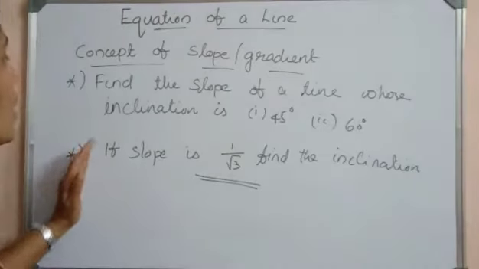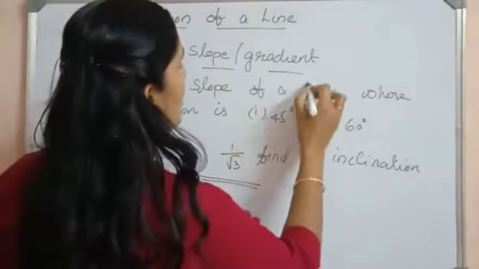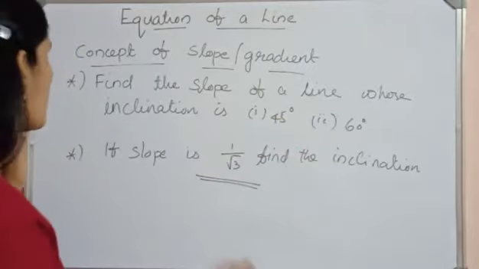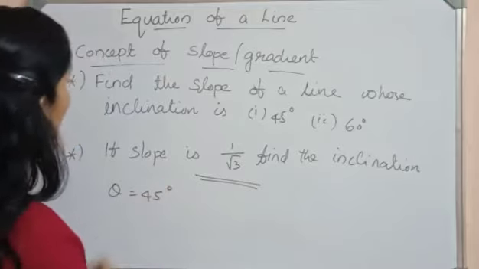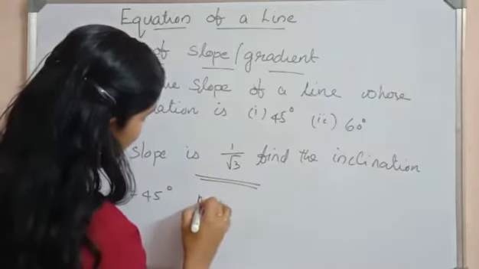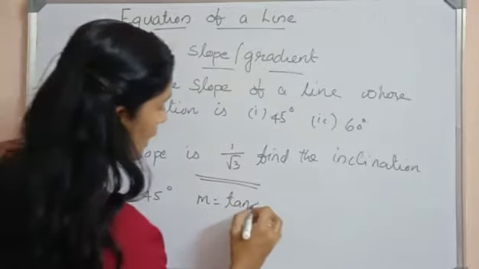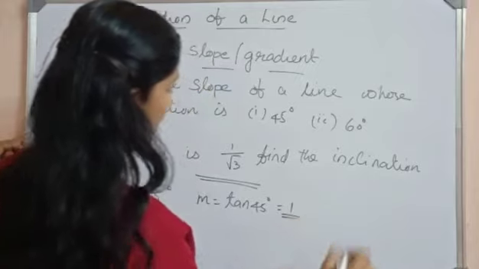Consider two examples. Find the slope of a line whose inclination is 45 degree and 60 degree. So whenever the inclination, that is theta, is 45 degree, the slope m is equal to tan theta, and tan 45 degree is 1.